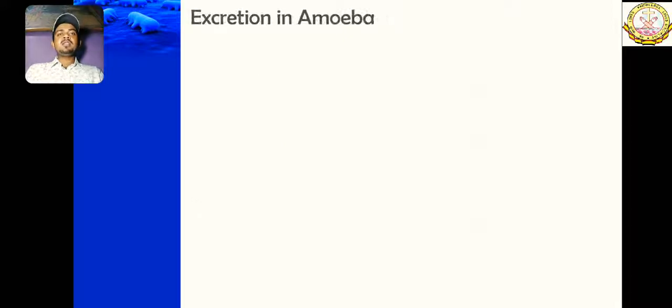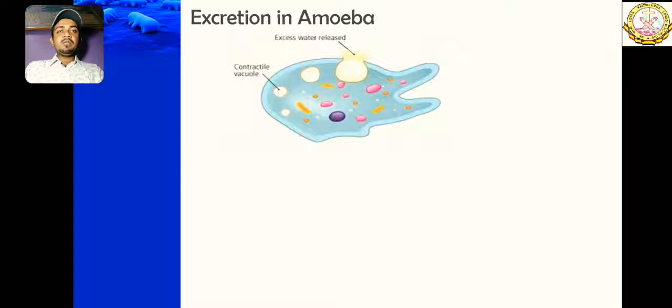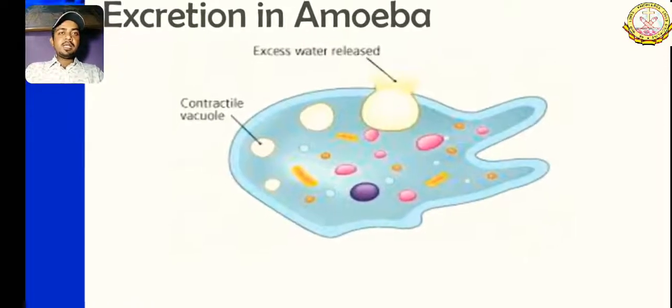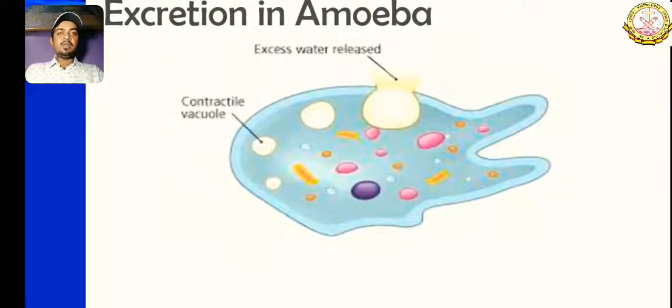Okay. Excretion, my dear students. What is excretion? We will study it in detail here. See, excess of water is released: one of these contractile vacuoles, which was fully loaded, came in contact with the boundary when it was full, and it simply exploded outside.